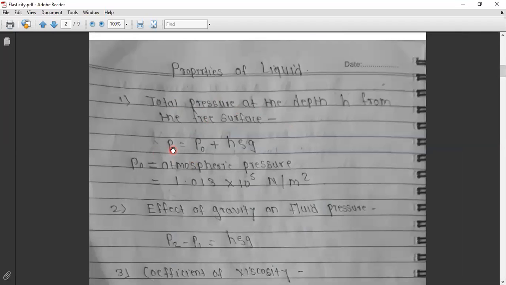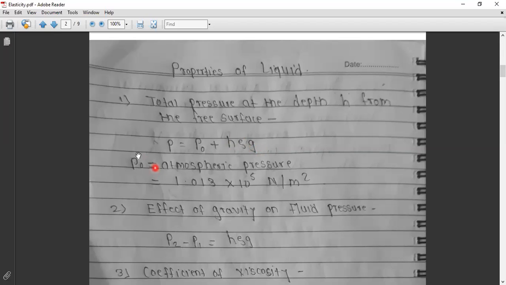And this total pressure is equal to the algebraic sum of atmospheric pressure, P naught is the atmospheric pressure, plus h rho g, this is the pressure due to the depth of the body. So this h is the height of the body from the free surface of the liquid, this rho is the density and g is the gravity.